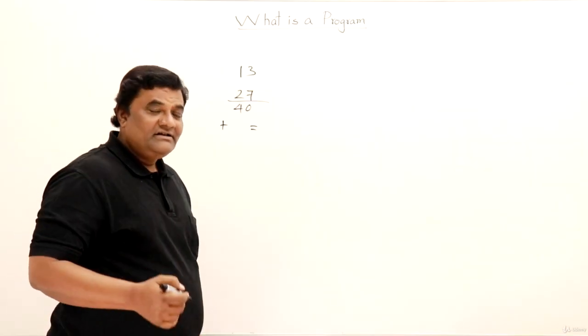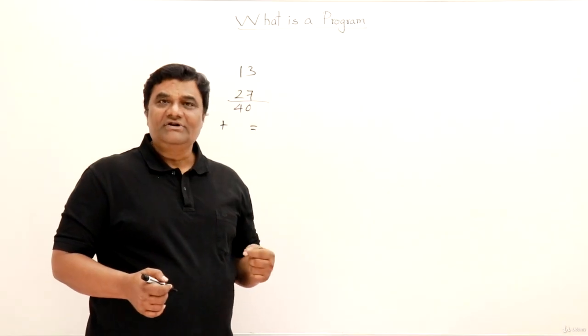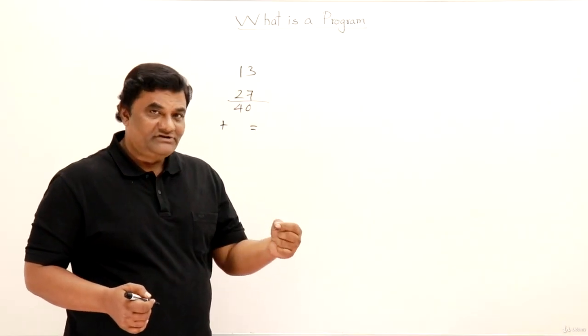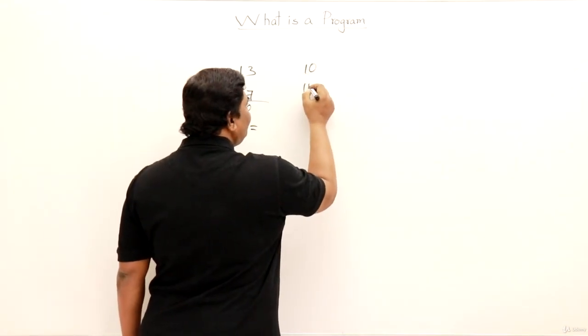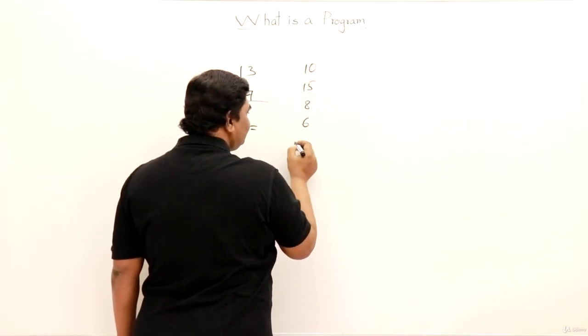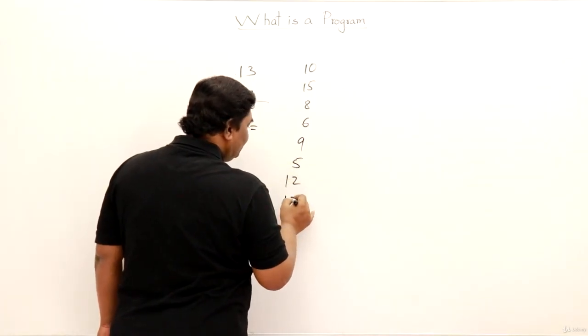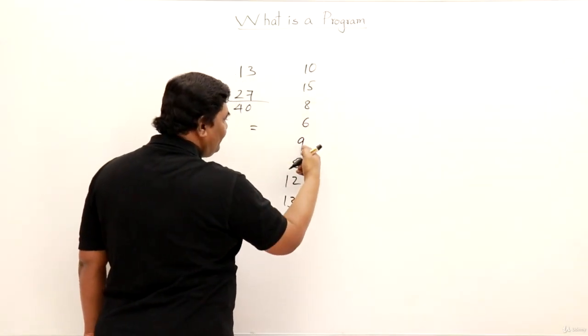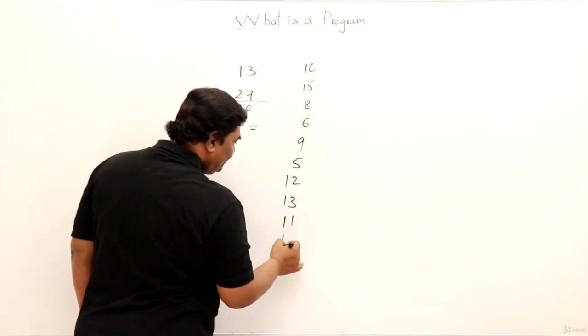Next, if I have a list of numbers and I want to calculate the average of those numbers, I'll just write down a few numbers here: 10, 15, 8, 6, 9, 5, 12, 13. So 1, 2, 3, 4, 5, 6, 7, 8. I will add a few more numbers, 11 and 16.